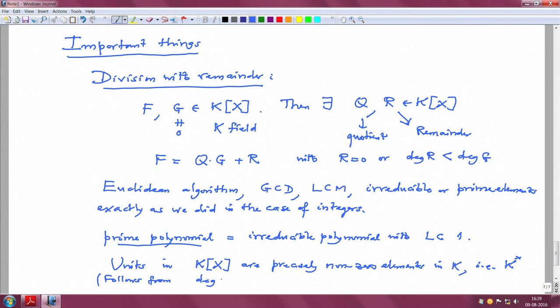If I have two polynomials, degree of f times g equals degree f plus degree g, for f, g in k[x], both non-zero. This is very easy to prove because you look at the product and look at the coefficient of x to the power n plus m, and it will be the coefficient of x^n in f times the coefficient of x^m in g, and so both are non-zero. So the product will be non-zero because we are in a field.